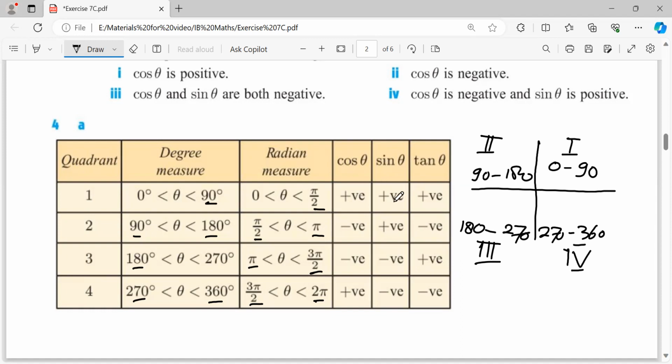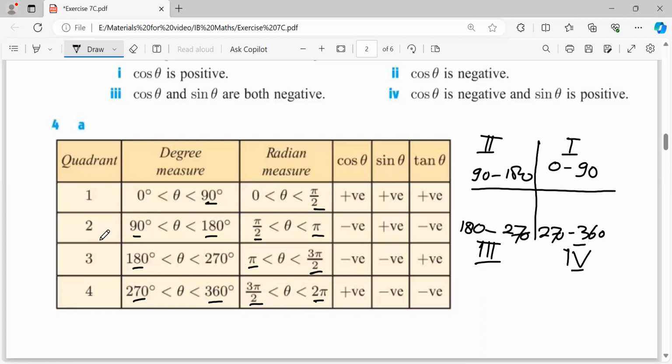Sine as well is positive. For example, cosine 40 is positive, sine 40 is positive, and tangent 60 equals positive numbers.